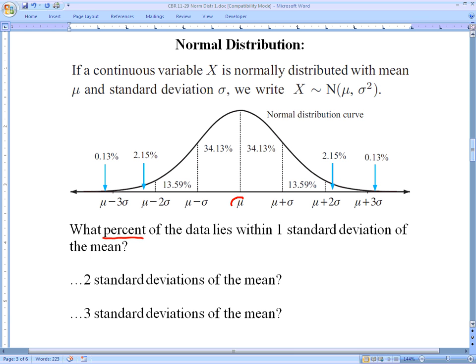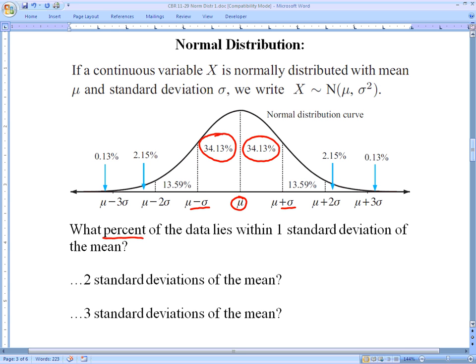So again, here's the mean. That's where the majority of my data will be close to that value. If I go one standard deviation to the right, I should find I have approximately 34.13% of my data. If I go one standard deviation to the left, subtracting one standard deviation from the mean, I should also find that it's symmetrical and I have 34.13% of my data.